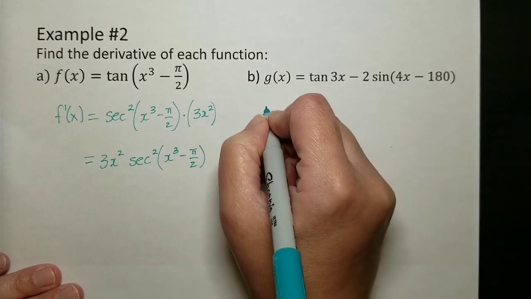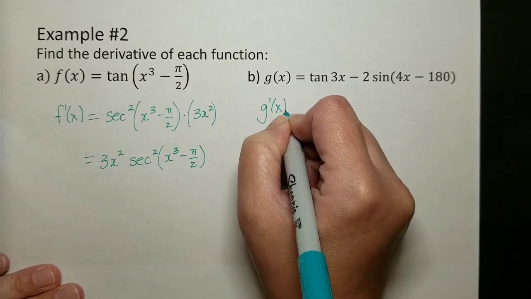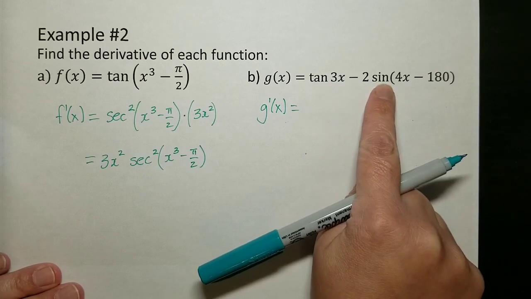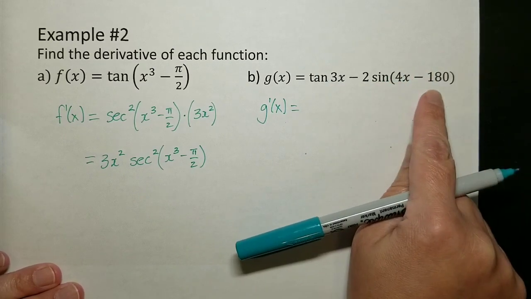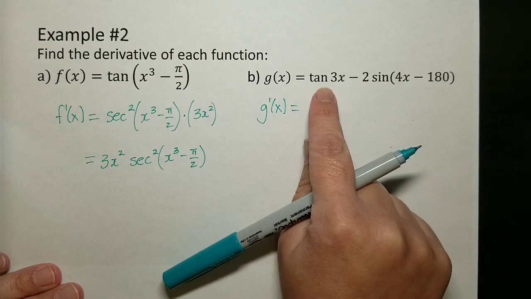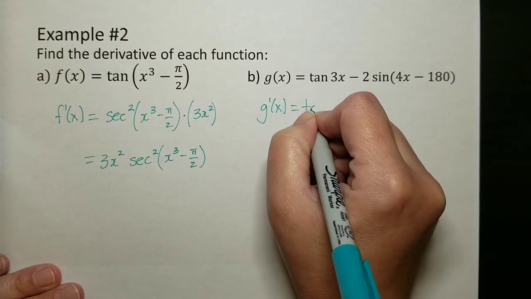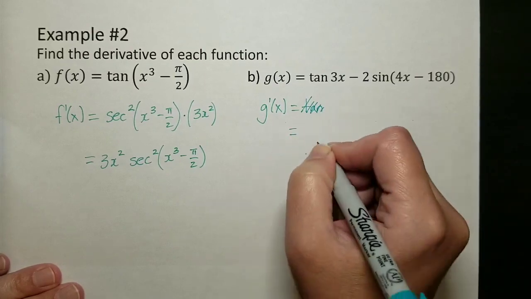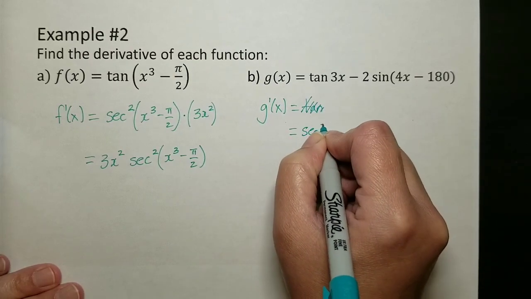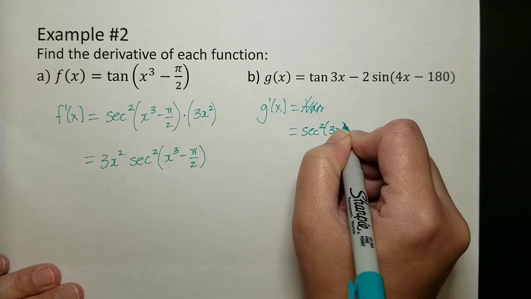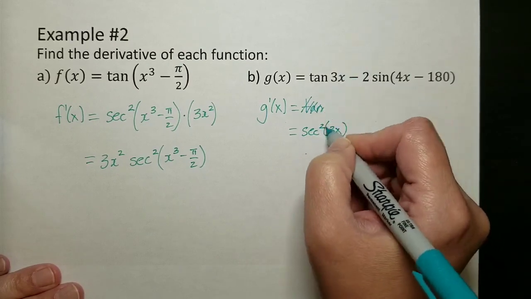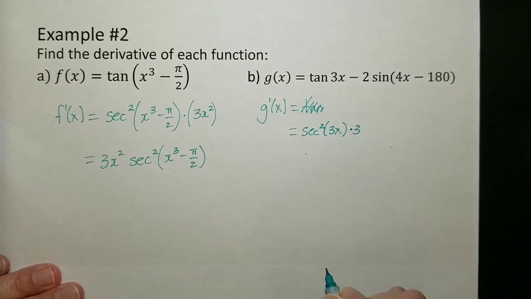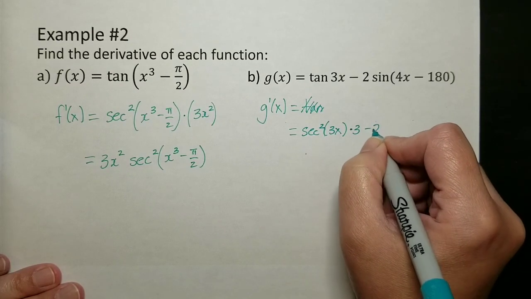Next one, g prime of x. We had tan 3x minus 2 times sine of 4x minus 180. So for tan of 3x, we've got secant squared, keeping the angle the same. Then you multiply by the derivative of the angle, which is 3. Then we've got minus 2.